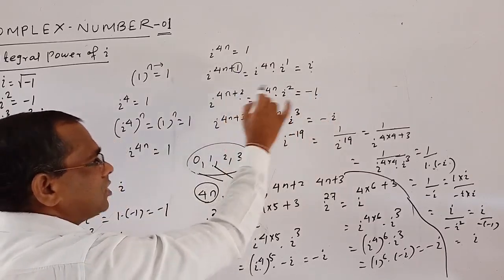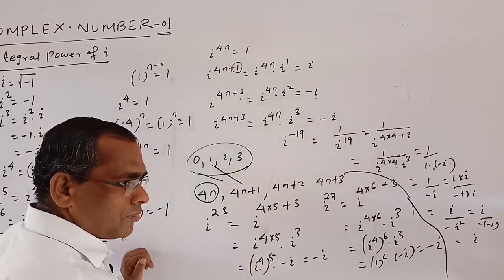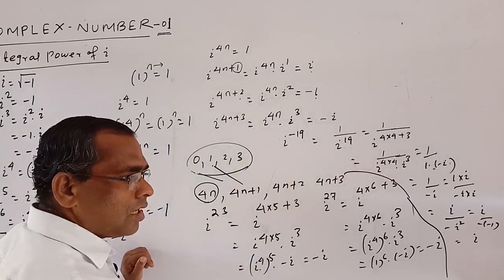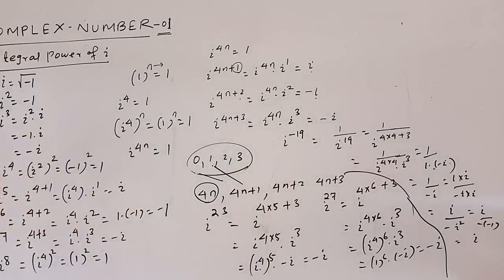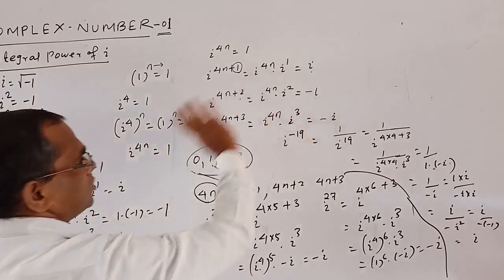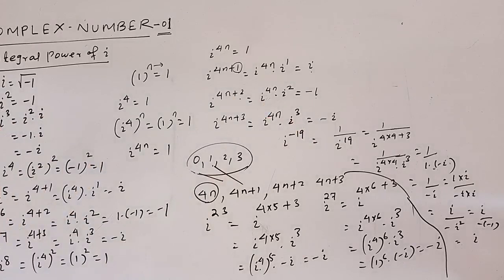If the remainder is 3, then this is minus i. From the remainder we can directly write the value. If the remainder is 3, its value is minus i; if the remainder is 2, its value is -1, like that. So whatever the power of i, first divide by 4, see the remainder, and then write the value. Okay, next.